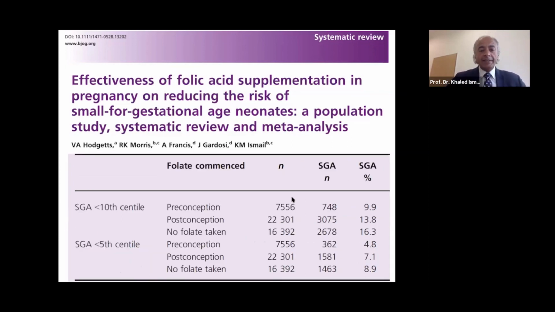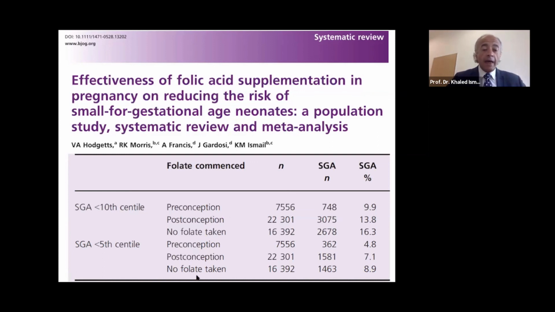When we looked at the outcomes of these pregnancies, you can see, and SGA here stands for small for gestational age. A lot of these babies will have some sort of growth restriction. You can see that women who did not take any folic acid, their risk of having a small for gestational age baby was much higher than those who took folic acid preconceptually.